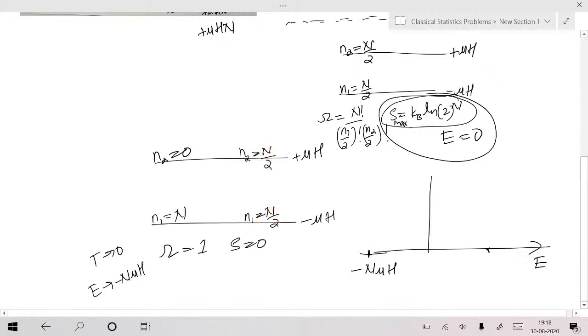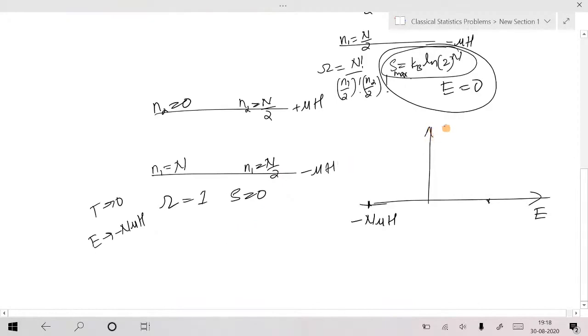Am I right? Yes, so this is the entropy expression. Entropy is attaining some maximum value at this situation, equal to kB log of 2 power n.